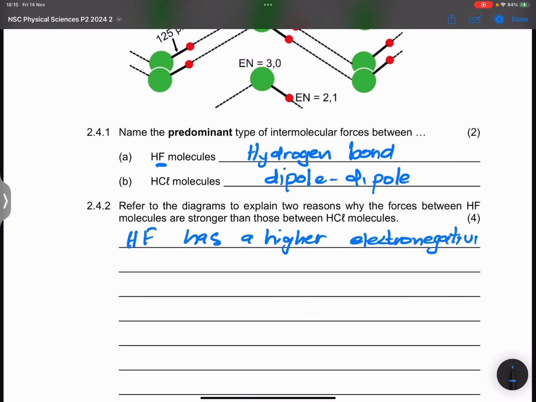than HCl. So when we look at the difference between their electronegativity, it means that HF is more polar.